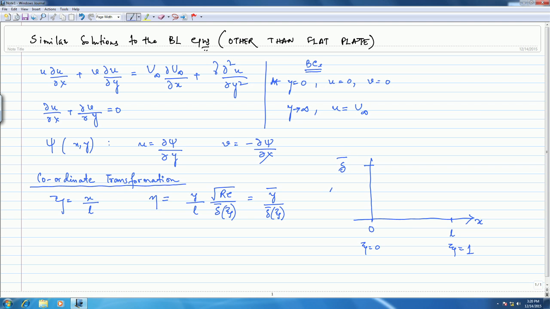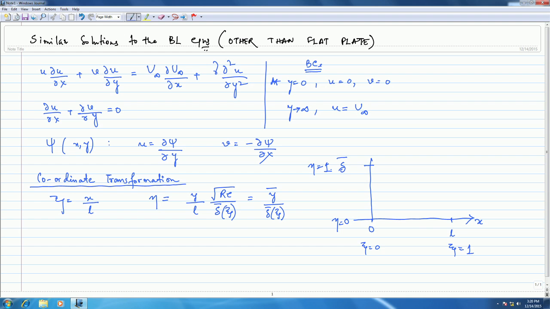This is my eta. So when y bar is 0, eta is 0, and when y bar is delta bar of zeta, eta is equal to 1. So that's what we mean by transforming the coordinates.